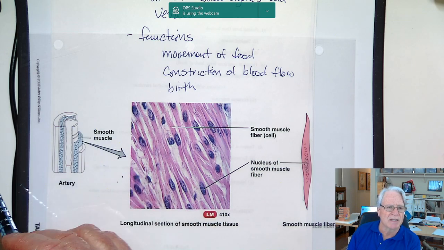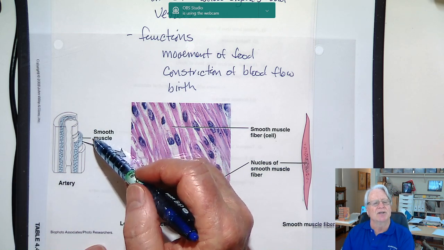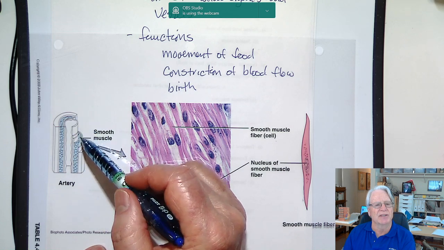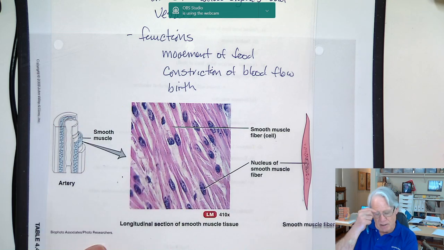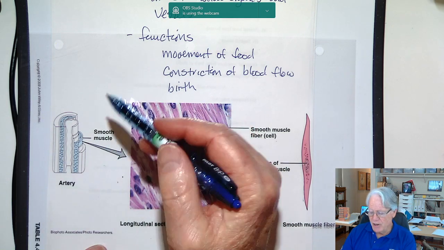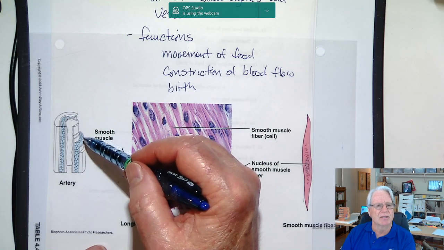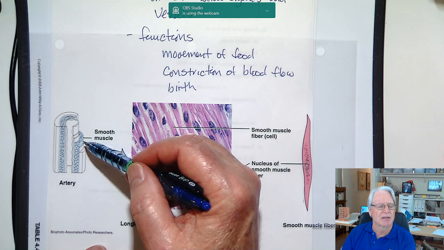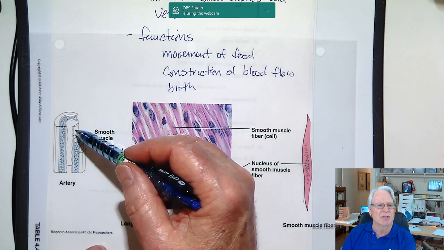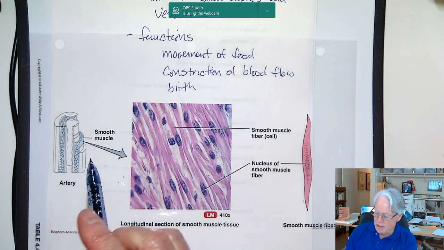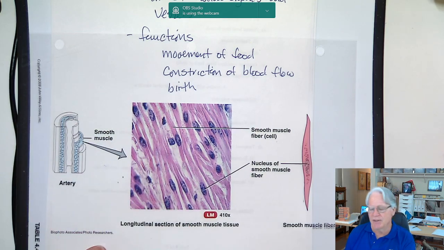So your body has the capacity to constrict certain blood vessels and dilate other blood vessels. So, for example, if you're running, blood vessels that are supplying blood to your legs will dilate, whereas blood vessels that are supplying blood to the digestive tract will constrict. So you'll have less blood flow into the digestive tract and more blood flow into the muscles of the leg. And you can do that by controlling this layer of muscle here in the arteries.